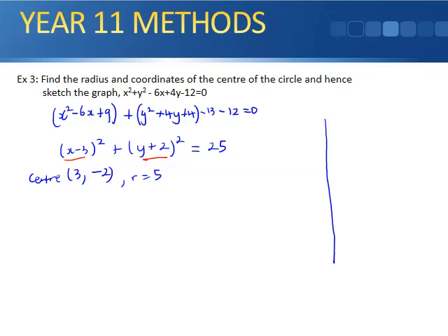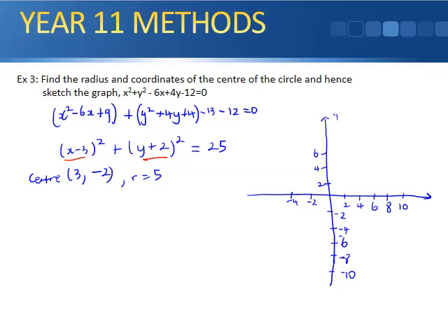Because this one's a little bit harder to do, with the radius of 5, I'm going to go up by 2s. 2, 4, 6, 2, 4, 6, 8, 10, negative 2, negative 4, negative 6, negative 8, negative 10.